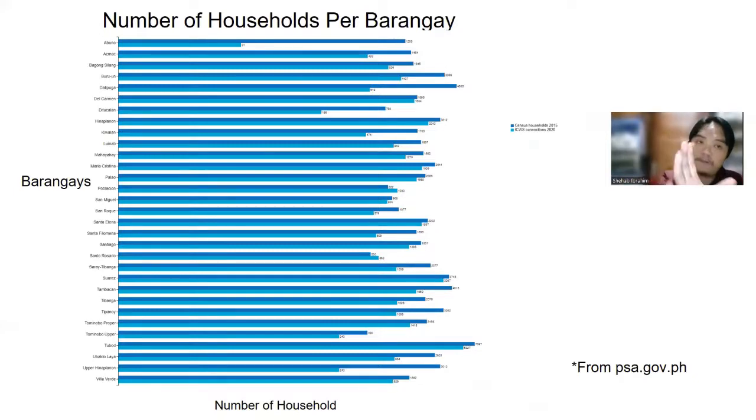Such as in Abuno, only 21 households are connected compared to 1,258 households in the census data from the psa.gov.ph. So only a portion of the residents in every barangay are connected to the ICWS.